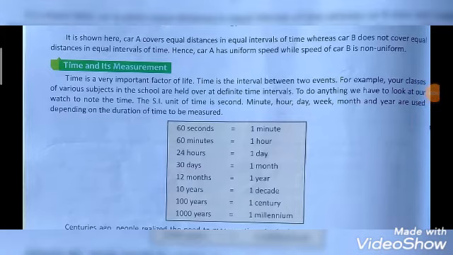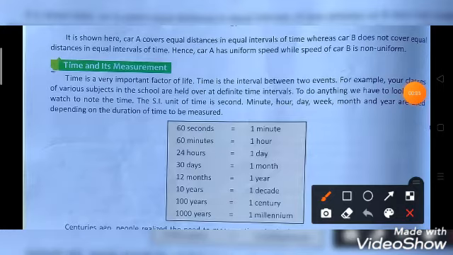Now let's see time and its measurement. What is time? Time is a very important factor of life. Time is the interval between two events. Time is very important in our life, because in everything we do, we look at our time and we measure the time to do any activities.